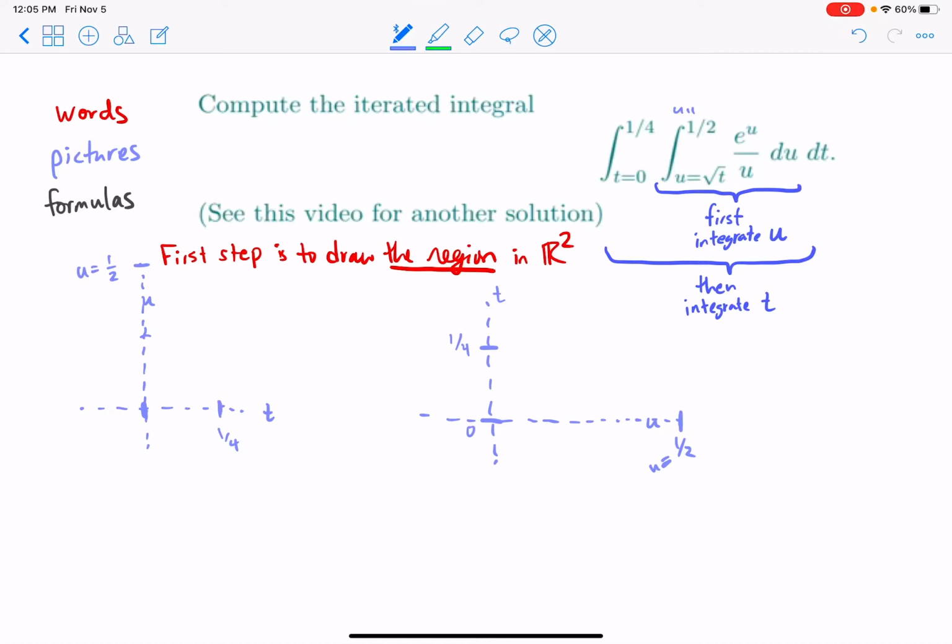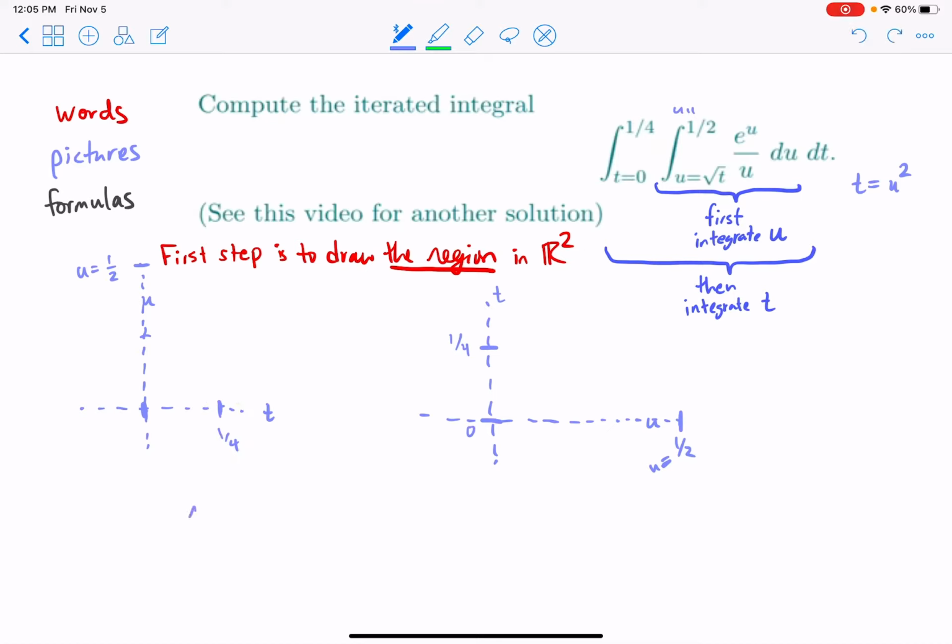Okay, and then what about this? U equals square root of t. This could also be written t equals u squared. So if u is the square root of t, then what's the square root of 1/4?